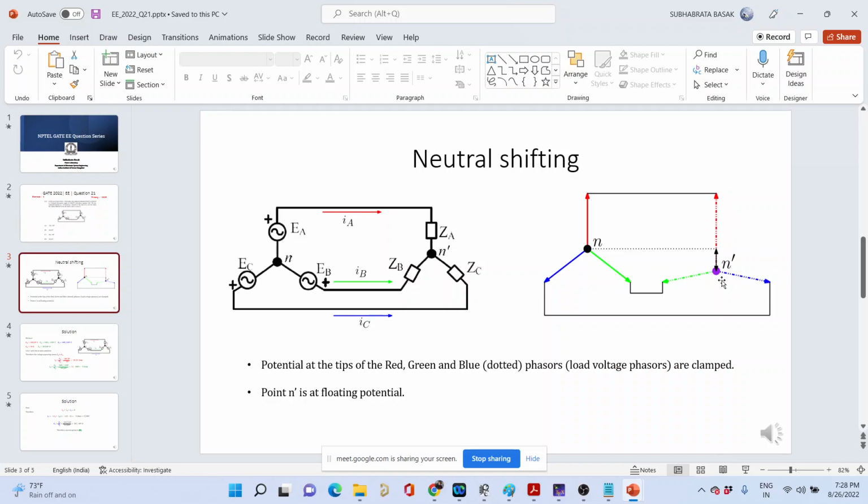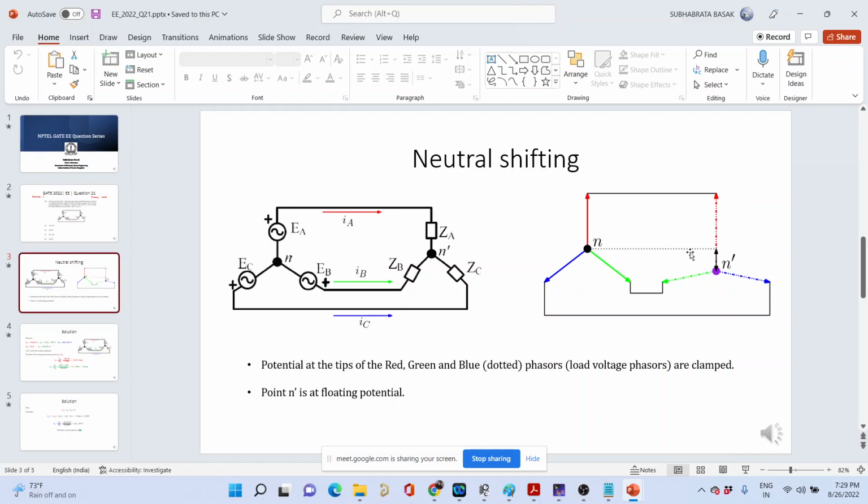It may happen the other way around. It may happen that the blue phasor is of greater length, the other two are of lesser length. So it depends on what load you are connecting, but this is what happens. The neutral gets shifted. So what we do is we connect this to this neutral point so that it remains fixed at that potential. Okay.